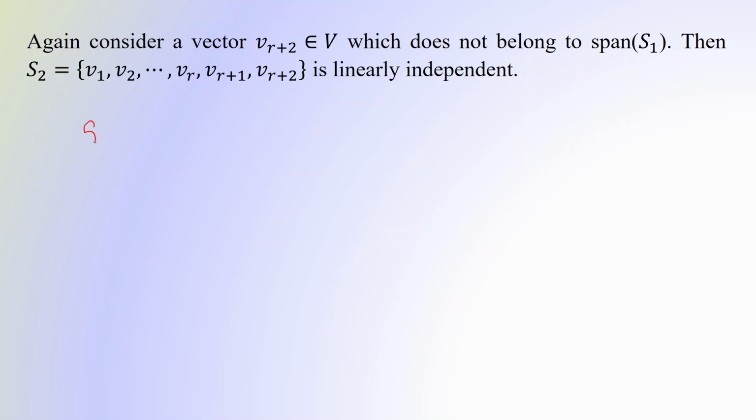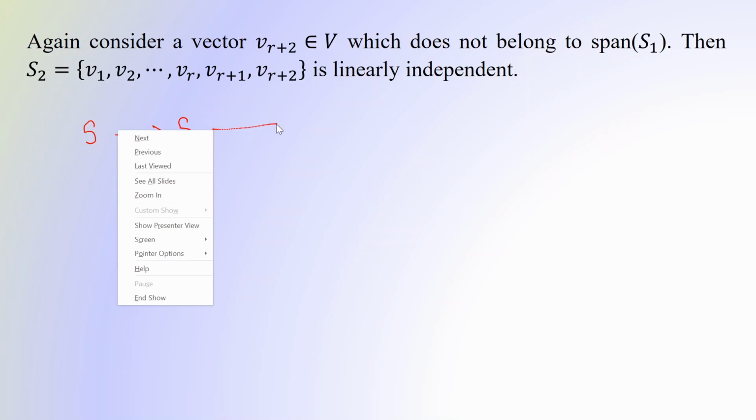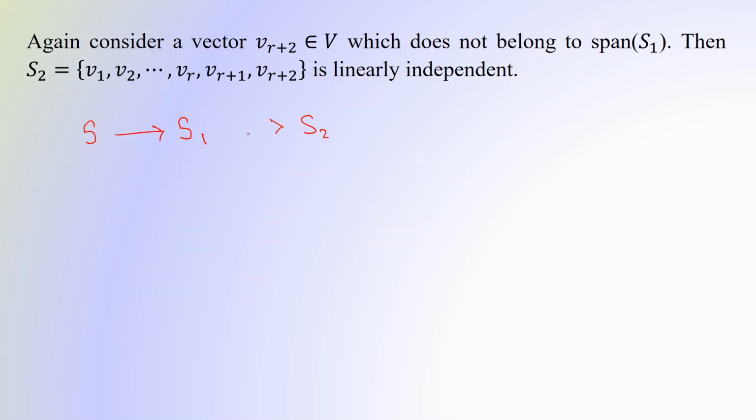So you start with S and form a linearly independent set. Starting with that, you form another set S2. Now we can continue this process. Here we have r vectors. Now we add one more vector, r+1.